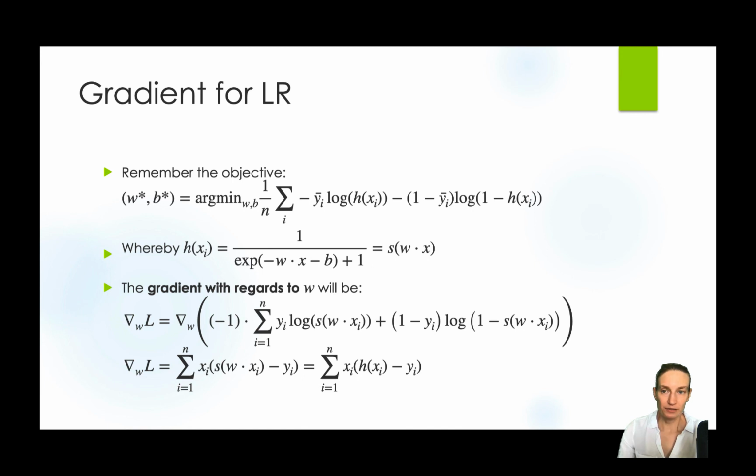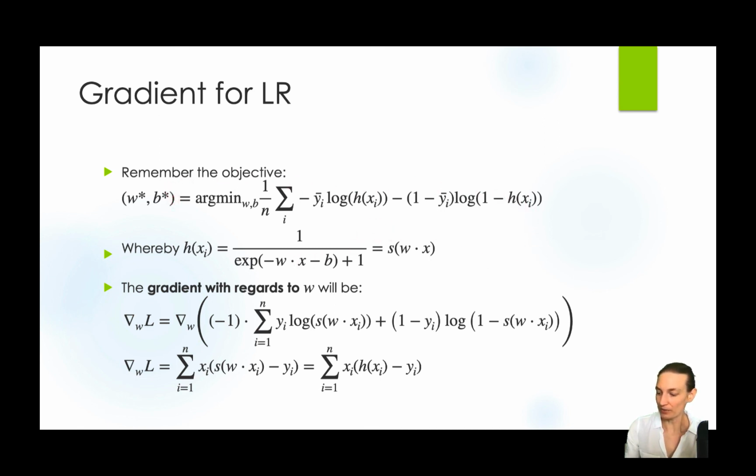The gradient for logistic regression, let's see if we can calculate this. We start from the objective function. Sorry, this is not f(x), this is the cross entropy of f(x), which I took straight from a few slides back.